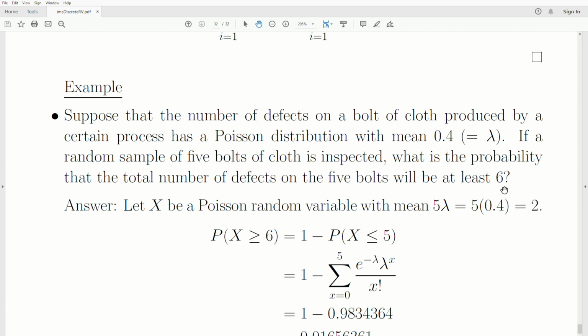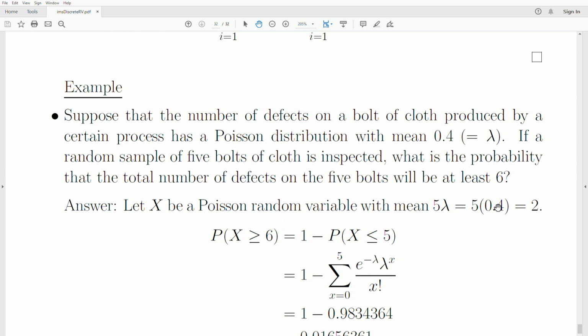So now we're taking 5 bolts of cloth, right? So we're going to add 5 bolts of cloth together, and each one of those has a Poisson distribution. So we add the lambdas, but in each case it's the same lambda.